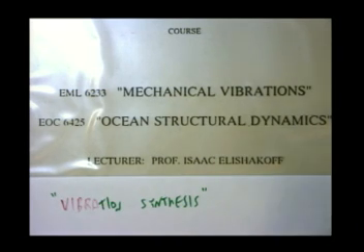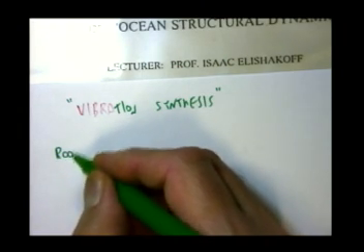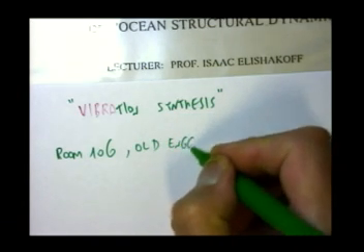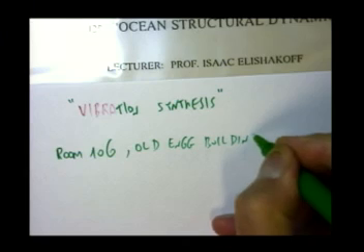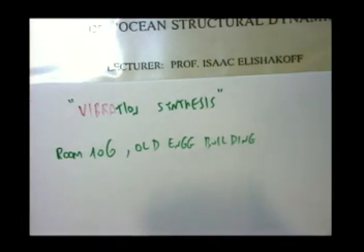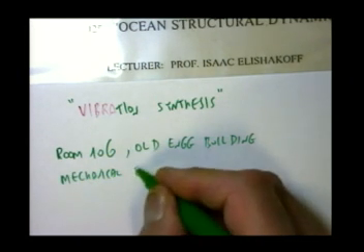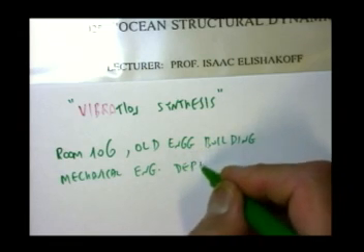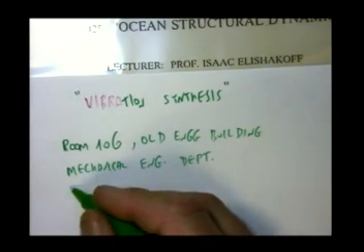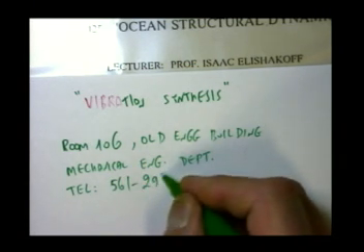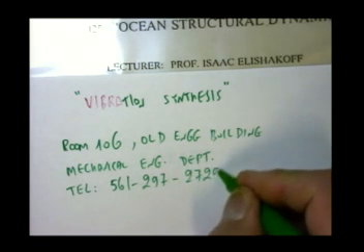I'm present here. My name is Isaac Elishakoff, and I will give you the information about me. I'm in room 106, old engineering building, opposite the library, located in the mechanical engineering department. The telephone number is 561-297-2729.